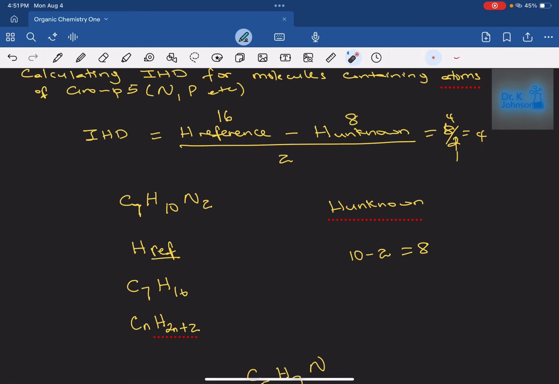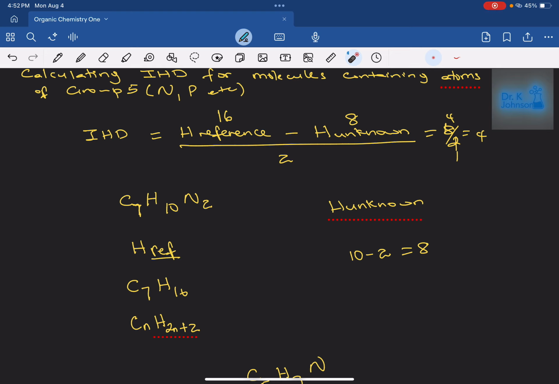So for C7H10N2, however that combination is, and you can go look up a structure on Google, you will see that the number of degrees of unsaturation needs to be 4. So whether it's one ring with 3 double bonds, one ring and 2 double bonds, or one double bond and a triple bond. Always remember your triple bond, by the way, is 2 degrees of unsaturation.